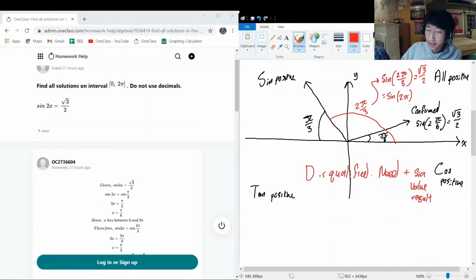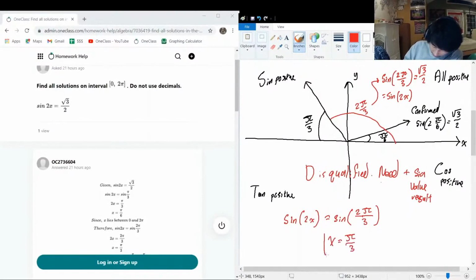I'll write it down here to be clearer: sine 2x is equal to sine 2 pi over 3. Then we know that x has got to be pi over 3. It's got to be the case. So our first answer was pi over 6. Our second answer is going to be pi over 3.